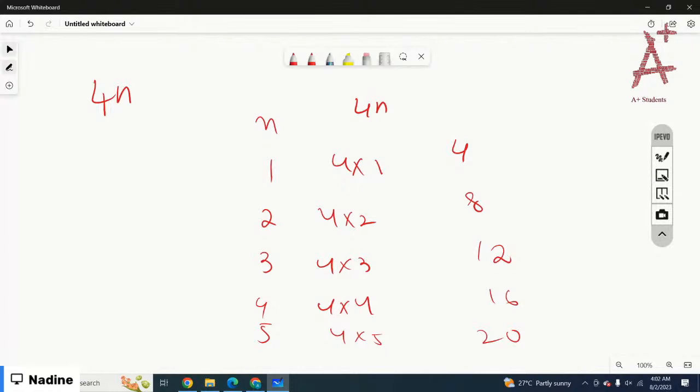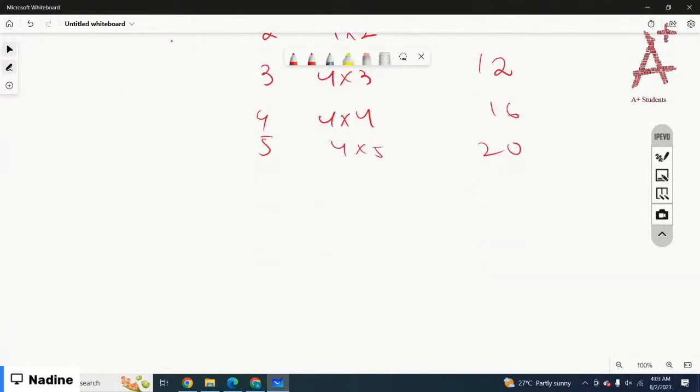The second part is x plus 3. Same thing you have to do with x. Now you have to replace all the values for x and calculate the same thing. Let me just do the second one. X plus 3. The x values are 1, 2, 3, 4, 5. Let's just do x plus 3.